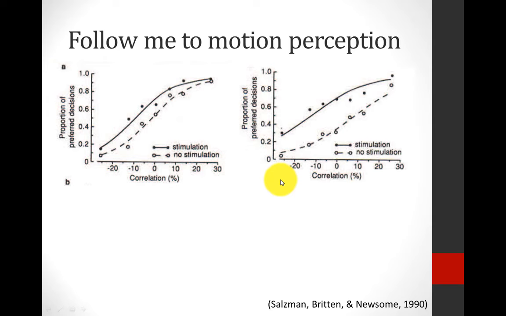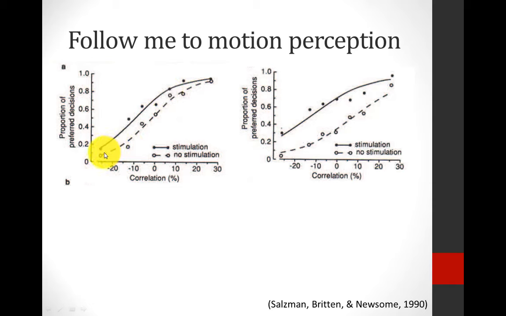So if you look at a few of these plots, I just put a few. Here again, you've got your correlation, and here's the proportion of decisions that were preferred. Here, the dashed line is where there's no stimulation. And when you artificially stimulate another set of neurons that are picking up on a different direction, you actually see the separation between the psychometric and the neurometric function here.